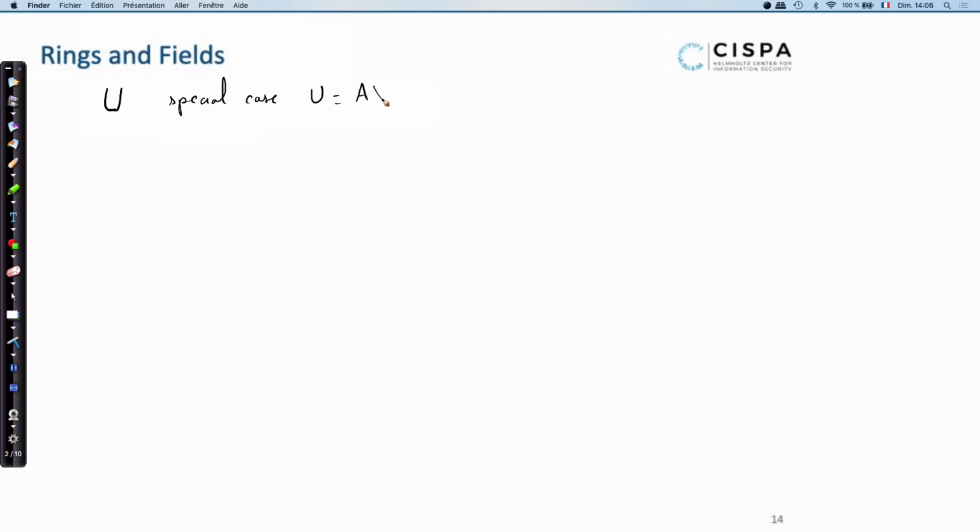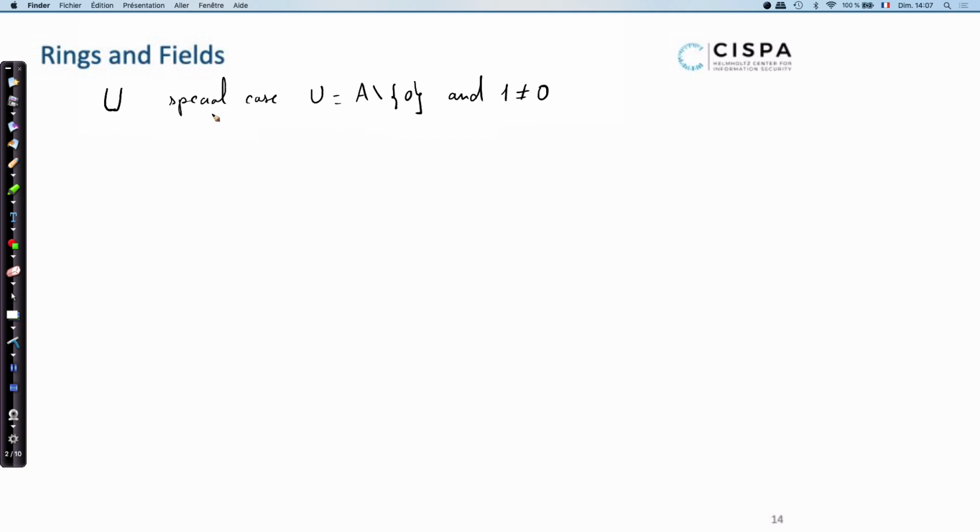So when U is a ring without 0, and we want it to be non-empty, so we ask that 1 is distinct from 0, because clearly 1 is always invertible. So this is a special case we want, and which is a special case where all elements are invertible in the ring.